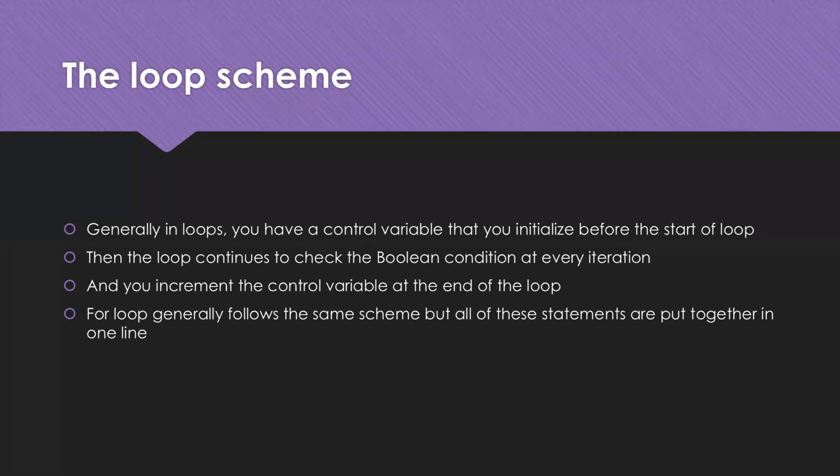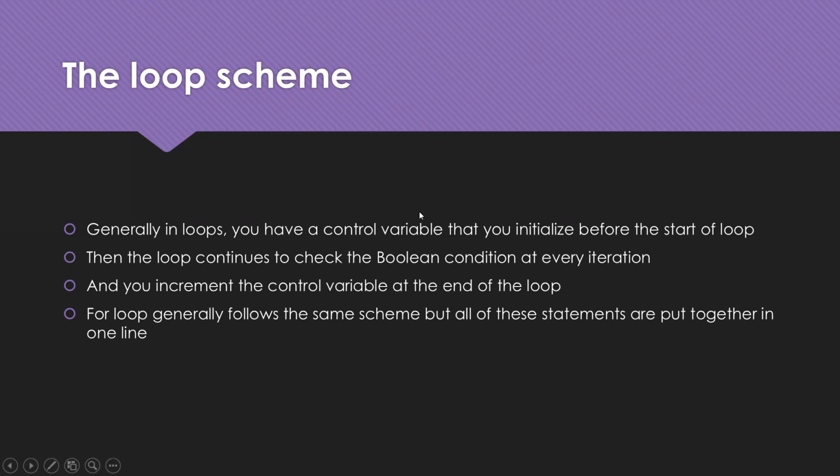And if that Boolean value is true, you increment the variable. In every iteration the loop checks if the Boolean condition is true or false. If the condition is true, it executes the statements inside the loop, and if the condition is false, it will break the loop. And then you increment the variable, and that makes the loop move forward.